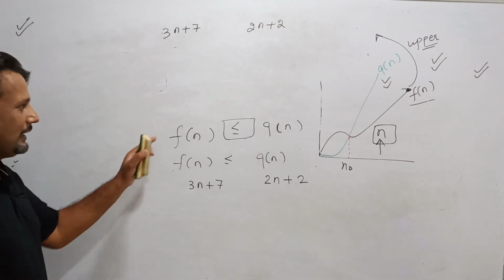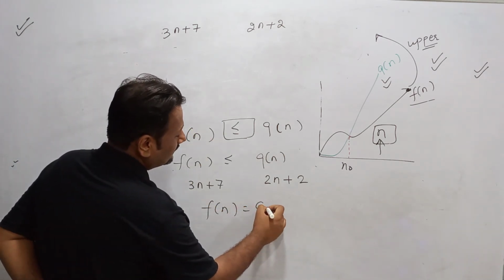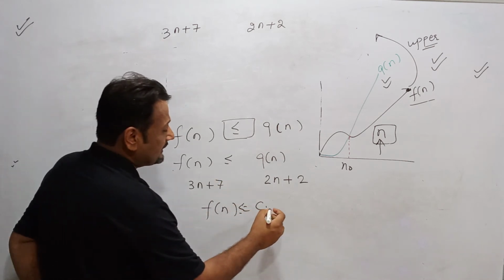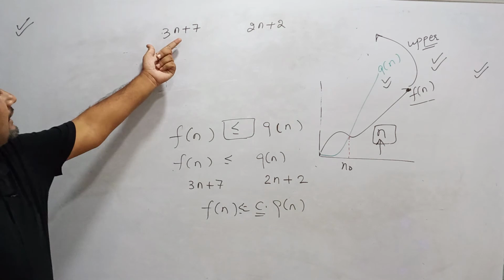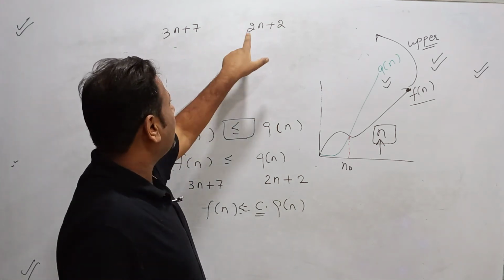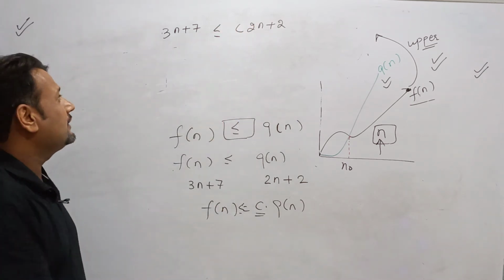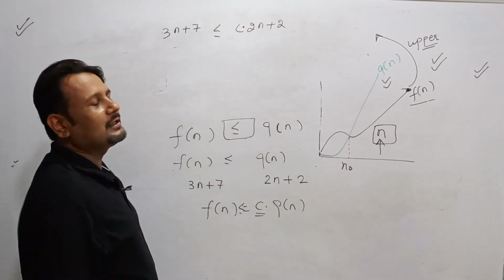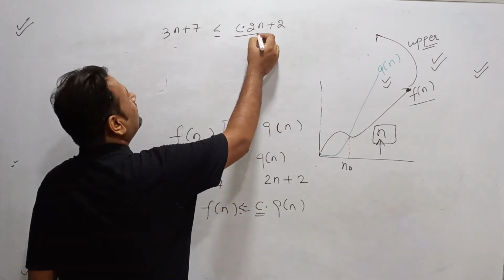I told you while implementation, if we can prove f(n) is less than or equal to c into g(n), we can take any constant value. On the left hand side we have 3n, on the right hand side we have 2n. So we need to take a proper value of c so that we can prove this. What value of c can we take? Let's say c = 2. So this is going to be 4n.